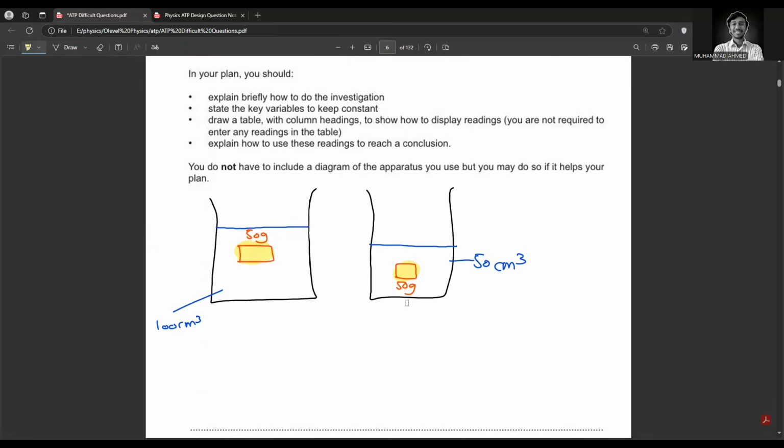Don't you think that the volume of water present will affect the time taken for the cube to melt? Yes, the volume of water present inside the beaker will affect the time taken for the ice cube to melt. So, this variable should be kept constant.